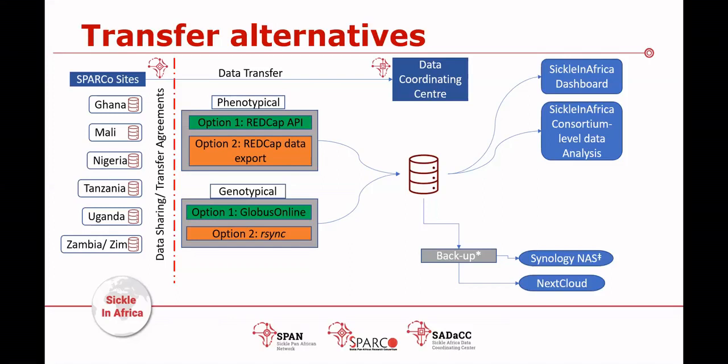But with the REDCap API, what would happen is that we have a script, and we're busy adding more features to it. What that script does is, once a site has given us API access, like Daniel was talking about yesterday during the mobile REDCap session, the REDCap server gives a specific user specific permissions. That user can export information, but only de-identified information.